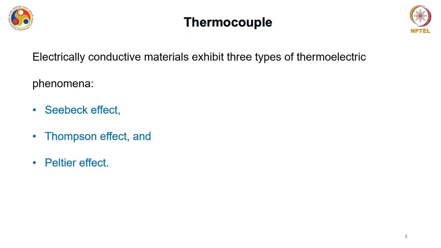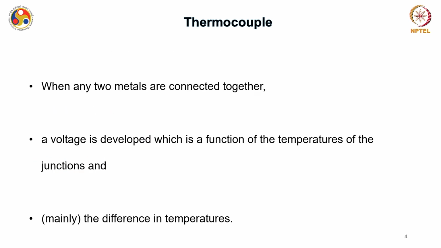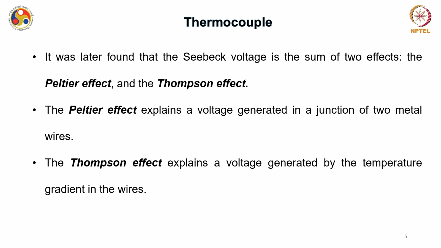So, electrically conductive materials exhibit three different types of thermoelectric phenomena. One is the Seebeck effect, and there are two more: the Thomson effect and the Peltier effect. When any two metals are connected together, a voltage is developed which is a function of the temperature of the junction, mainly the difference in temperature.